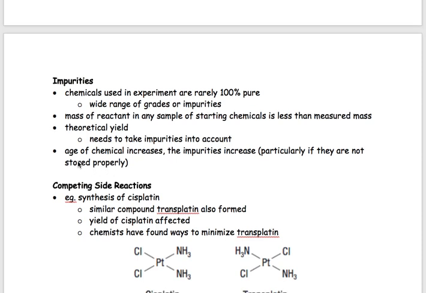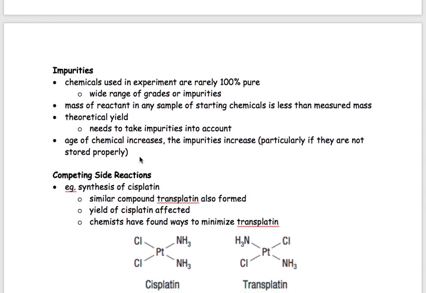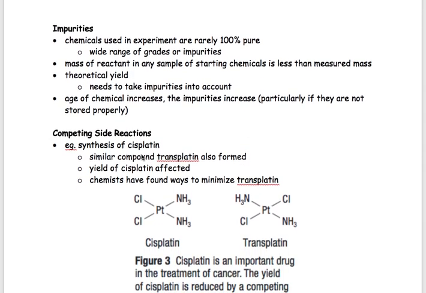If the material that you're using is not fresh, if you can think of it that way, if it's been sitting in the storeroom for a while, that can also affect how good of a reaction you'll get.